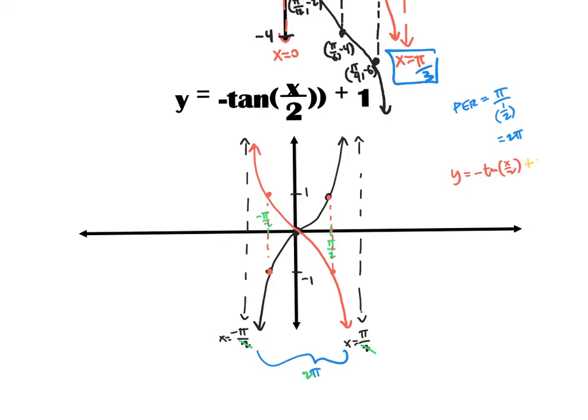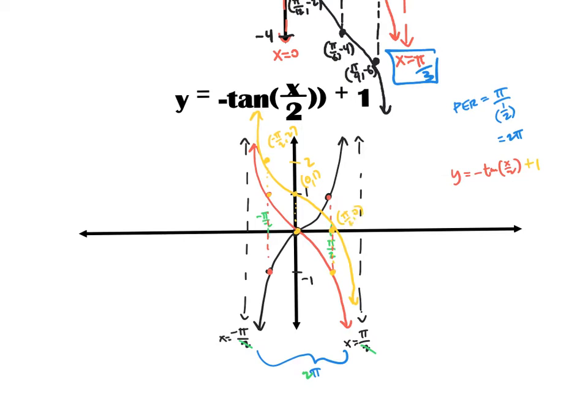Let's add 1 to the function, moving this point up to 2, this point up to 0, and this point up to that location there. Again, vertical asymptote locations do not change, and I get my new function. This is the point -pi over 2, 2. This is the point 0, 1. This is the point pi over 2, 0.